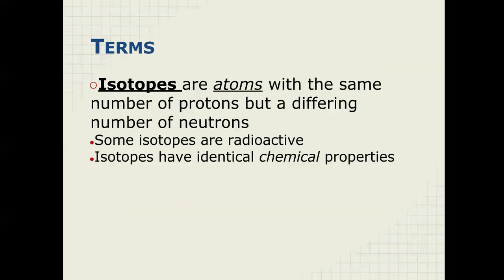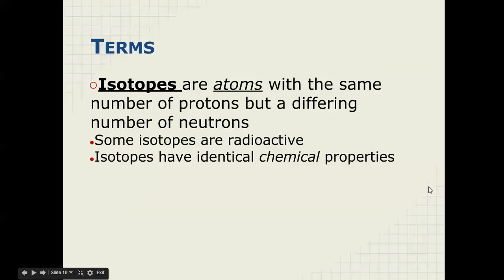But we can use carbon-14 to date organic material. We can tell how old things are, things that were once alive. And the reason we can use carbon-14 to date things is, this is an important fact here, isotopes have identical chemical properties.